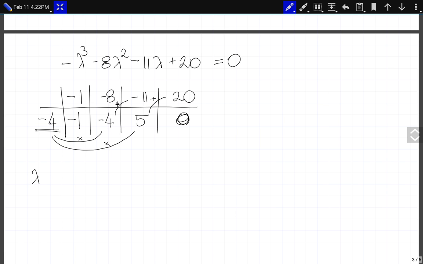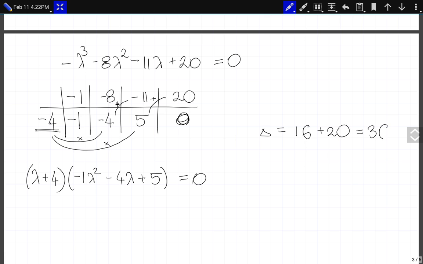So we can write lambda plus 4 times, and now we get our coefficients from this table. So minus 1 lambda squared minus 4 lambda plus 5, and that is equal to 0. Now we can solve that as just a quadratic equation. So our delta is 16 plus 20, which is just 36.